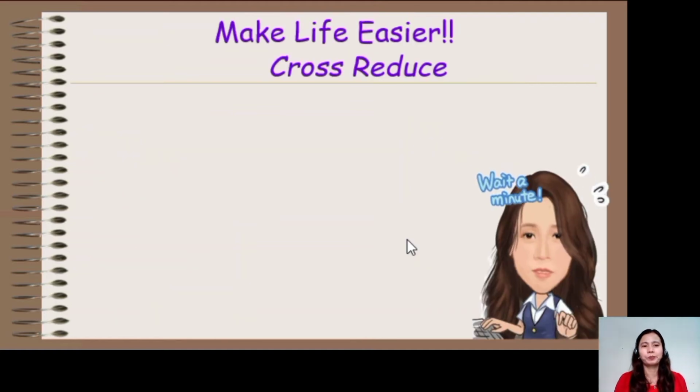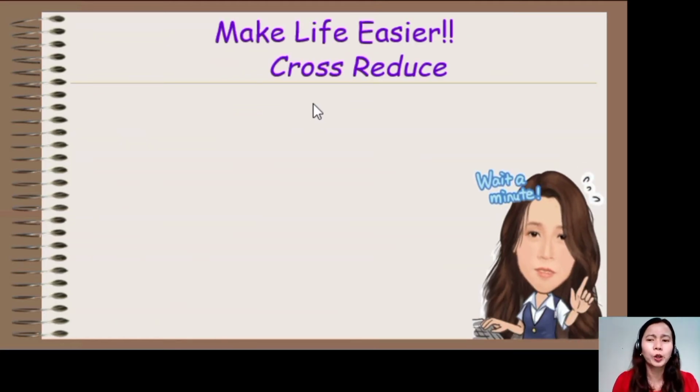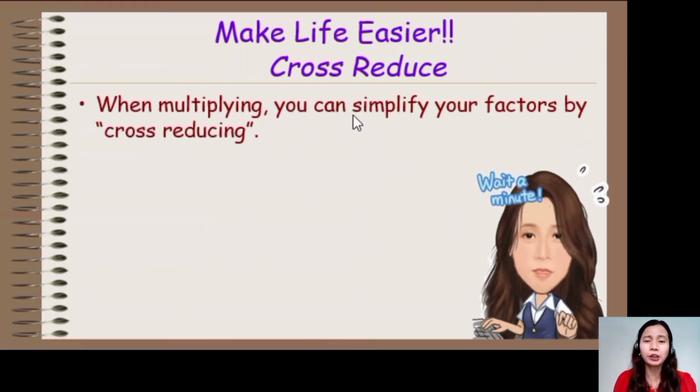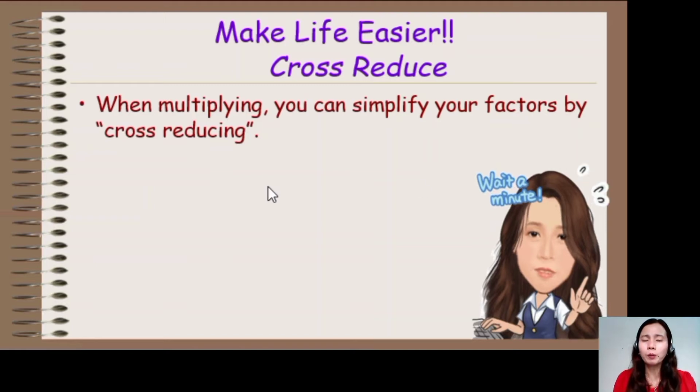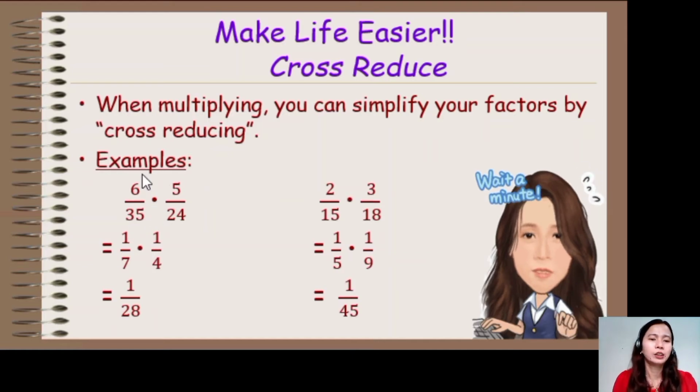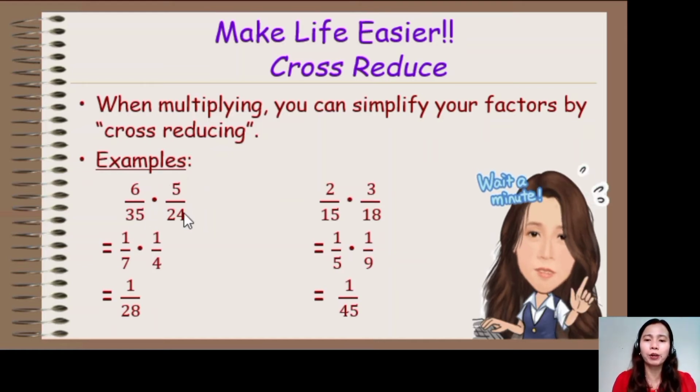Okay, next. Let's make life easier. So we can use cross-reduce. So ano ba yon? When multiplying, you can simplify your factors by cross-reducing. Okay, so let's have this example. 6 over 35 times 5 over 24.